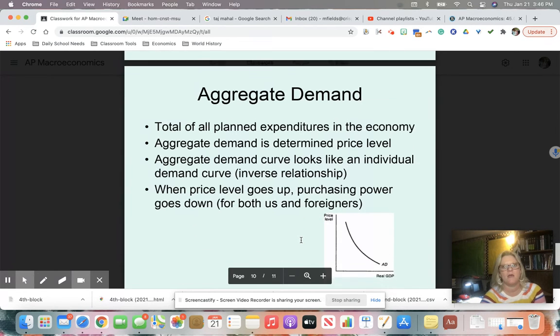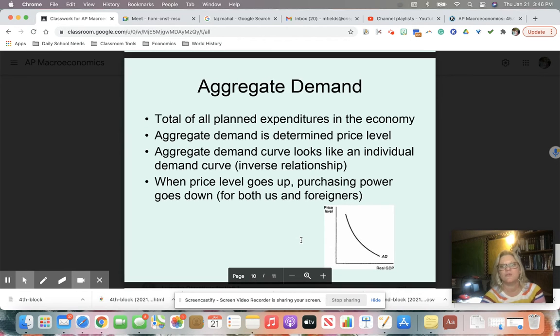All right. Getting towards the last two, the first of the last two is aggregate demand. So we've talked about demand, and we have said that demand was the relationship between the price of a particular good and the quantity demanded of that particular good. It's how much of an item people wanted to buy at a specific price.